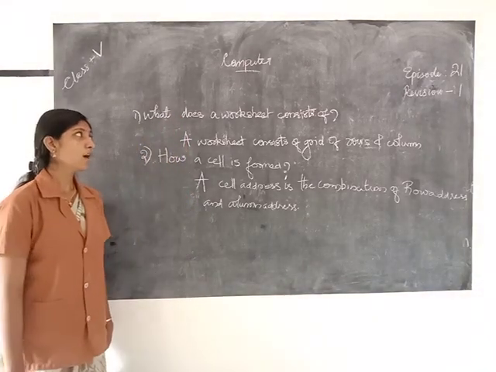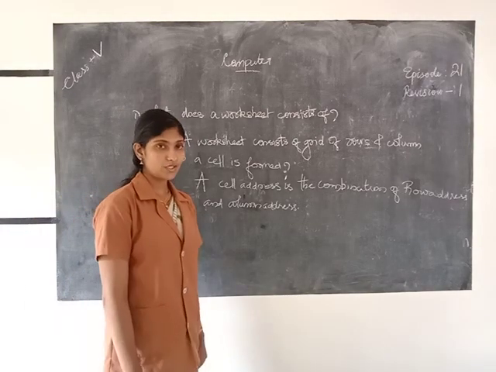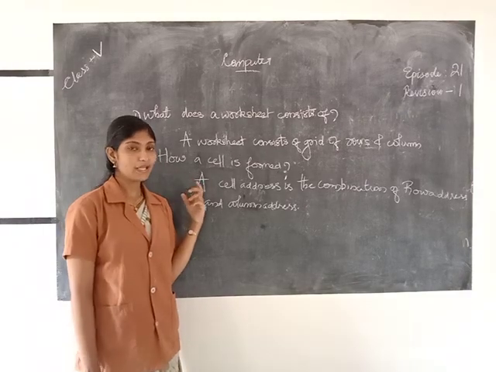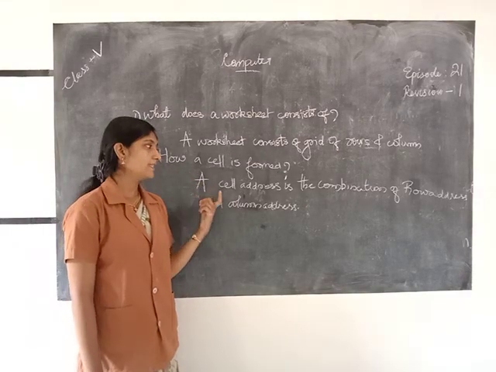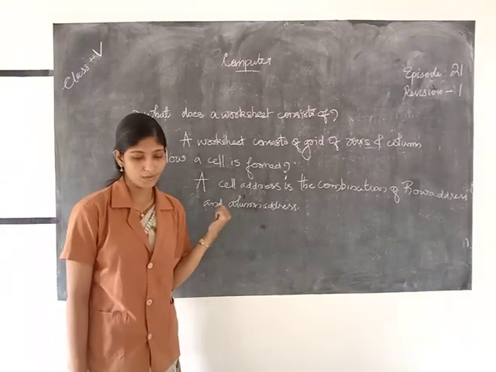Once again, what does a worksheet consist of? A worksheet consists of rows and columns. Then, how a cell is formed? A cell is formed by the combination of row address and column address.